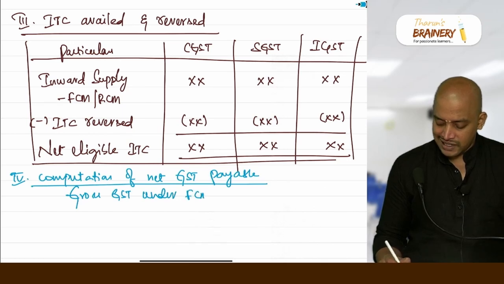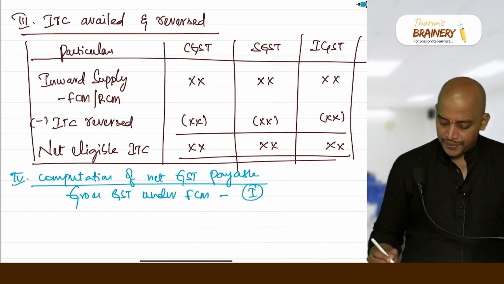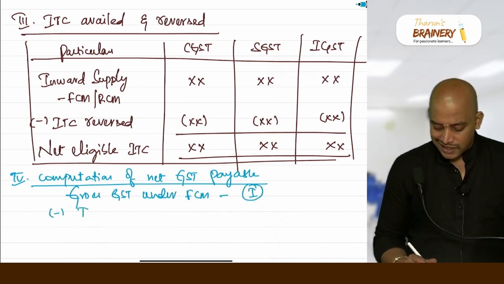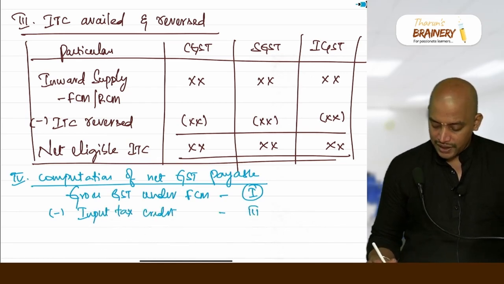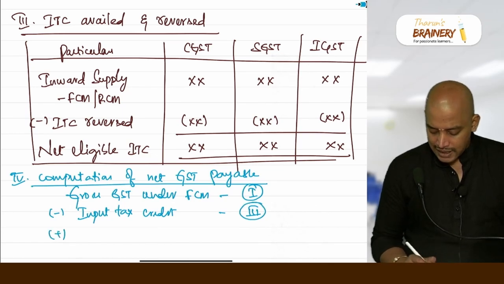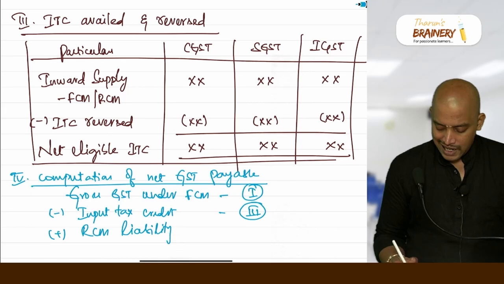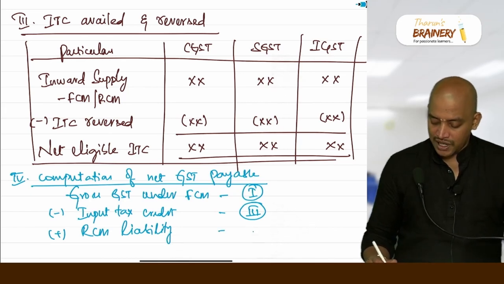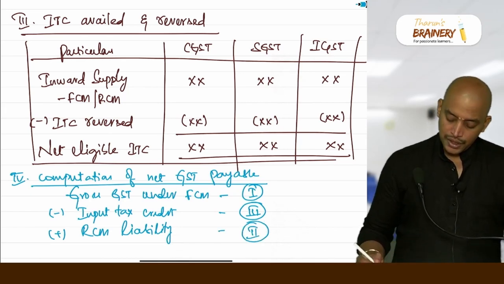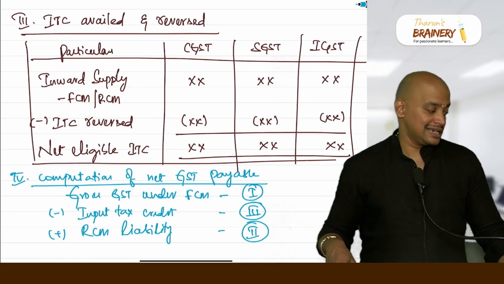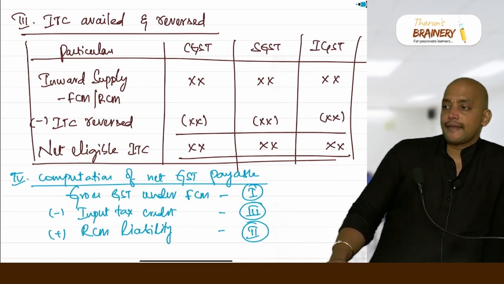From where we will get this? Statement 1, minus input tax credit, that is statement 3, add RCM liability, that is statement number 2. Now finally you will get the net GST payable. Is it clear?